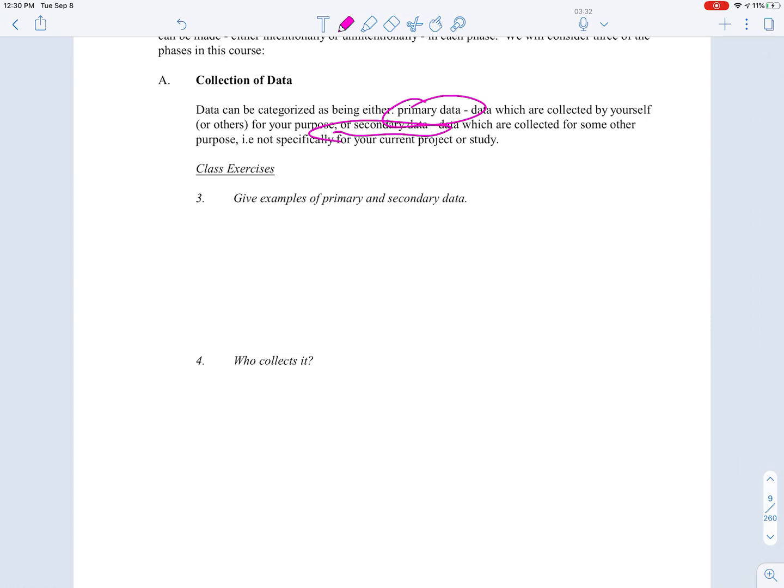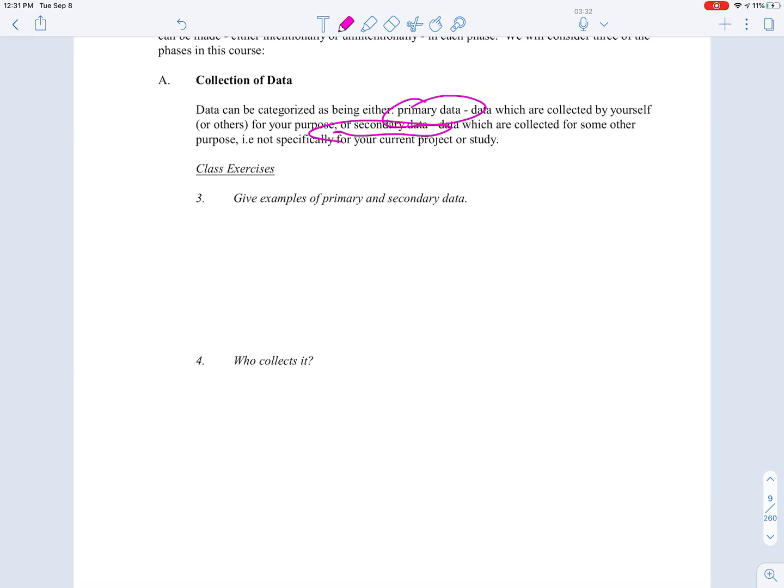For instance, if you have a marketing research team in your company, then they're probably collecting primary data for you, your company, so you can figure out when to put out a particular product or where to set up a new store location. Secondary data are data like population figures that Stats Canada puts out. And so again, you can take a look at, well, where should we put our store? That's the difference between primary and secondary data.